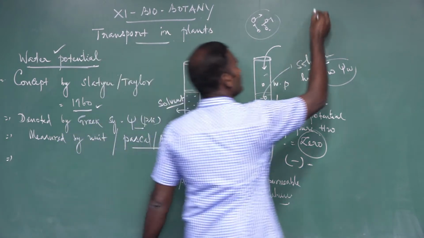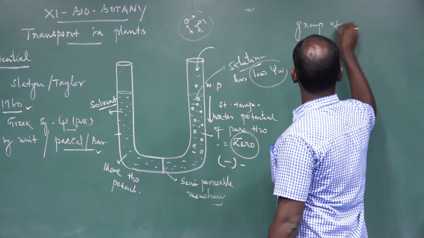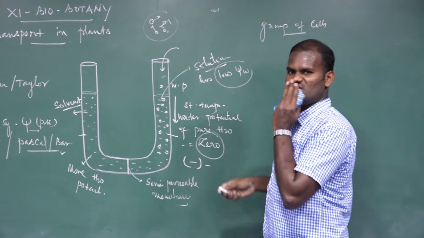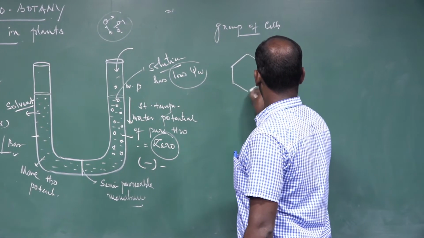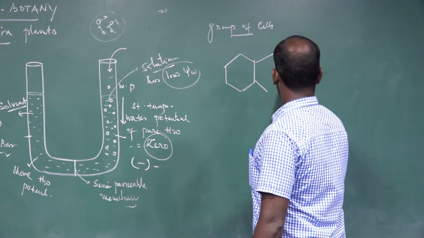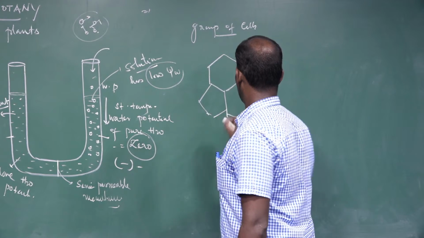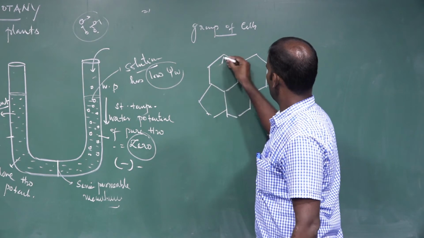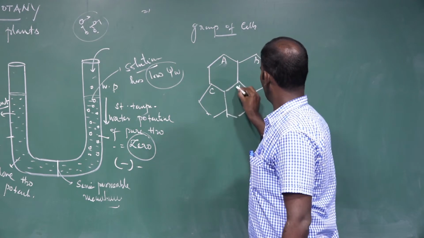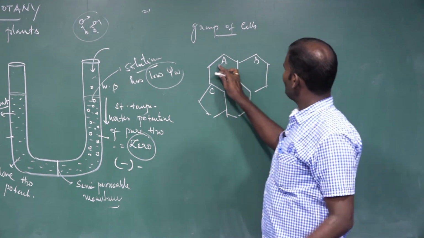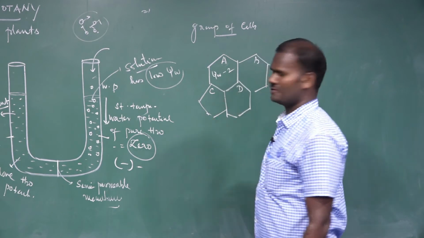Take for example a group of cells. A group of cells can have different water potentials. For example, cell A, cell B, cell C and cell D. Cell A has a water potential of -2 bar.